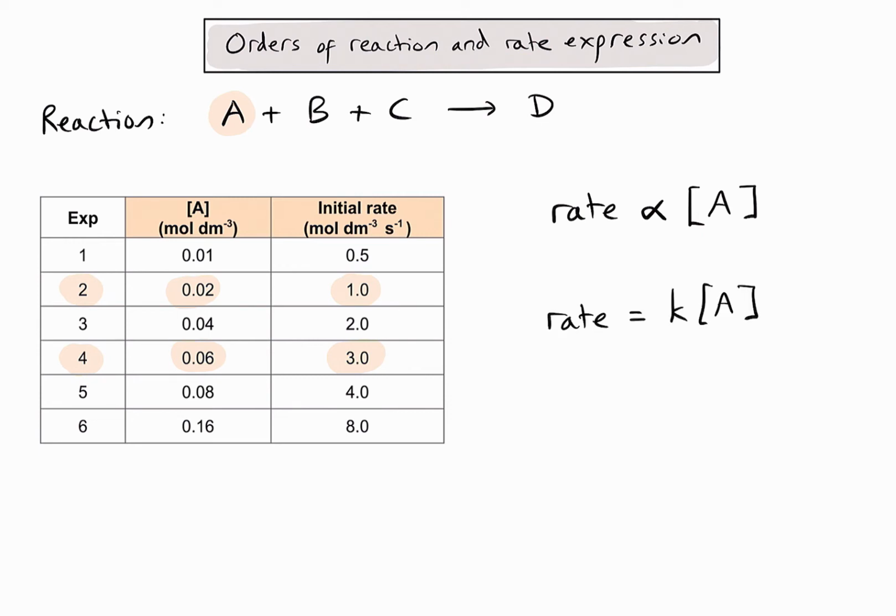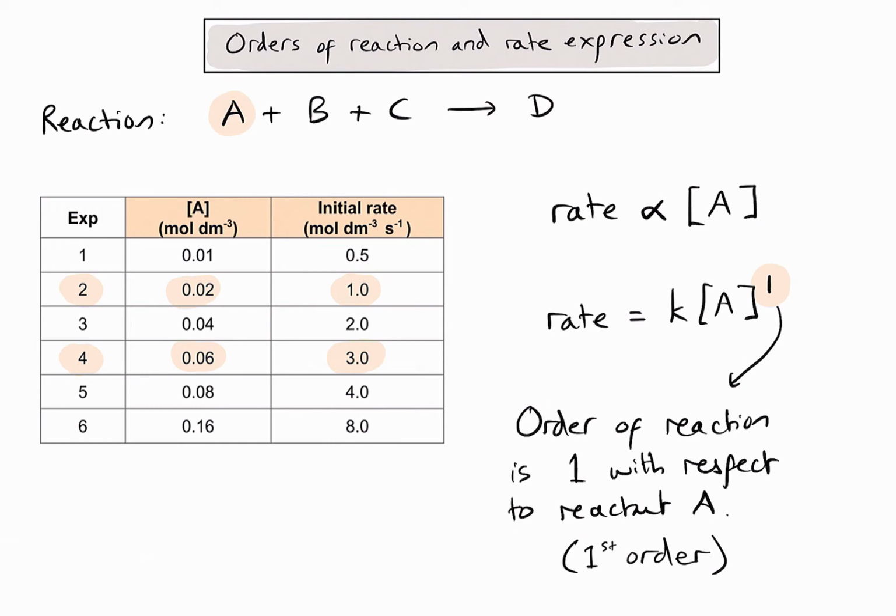Because changes in rate are proportional to changes in the concentration of A, I'm going to put an exponent of a little 1, meaning that the order of reaction with respect to A is 1, or it is a first order reactant.